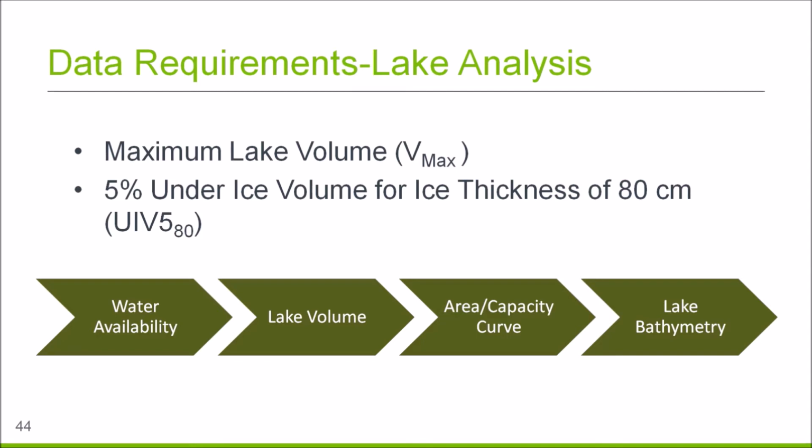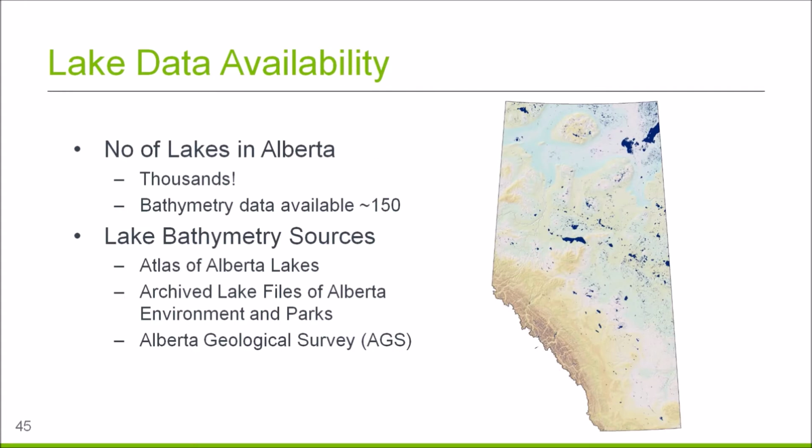We also need to consider that in wintertime our lakes are sometimes frozen, at least the top layer. That means the volume is actually reduced in winter, because a huge portion of the lake water becomes ice, right? So we also have to find out the volume under ice for that time. Now, if you look at this map, every single dot or shaded area in blue is a lake.